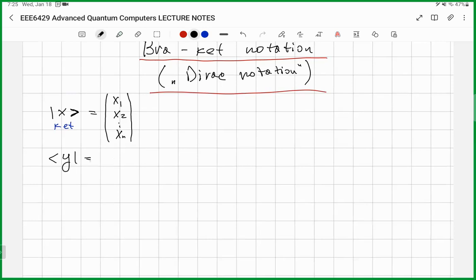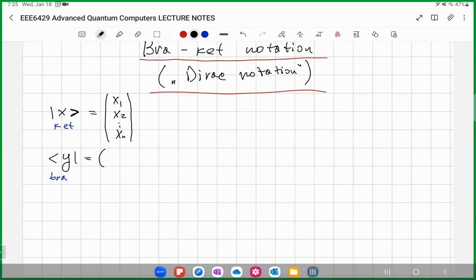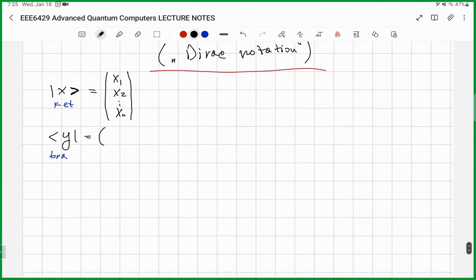So this is the bra, and it's simply equal to the transposition and the complex conjugation of the ket. So I write y ket, and then I take the transposition and complex conjugation.